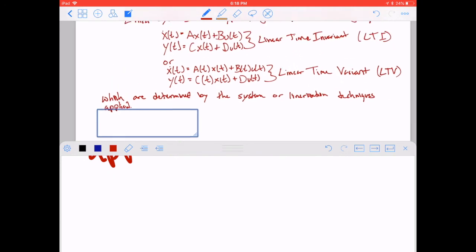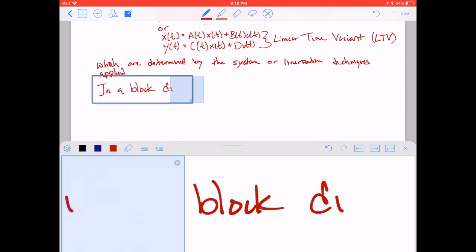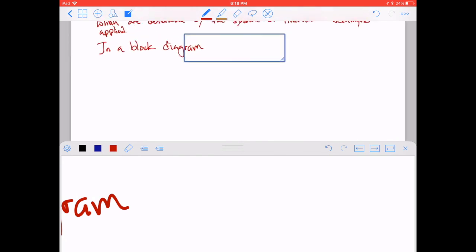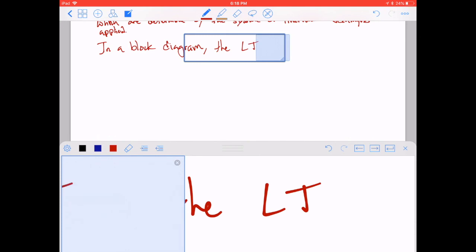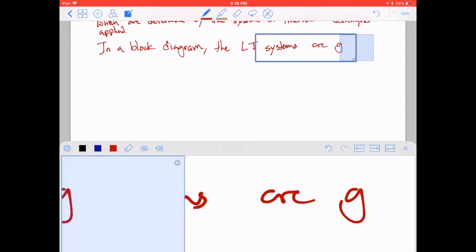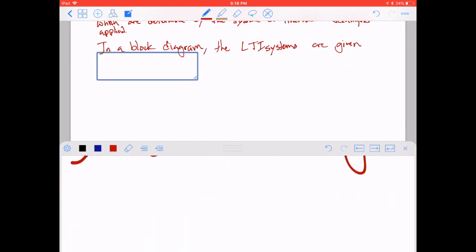So these systems are given in a block diagram. Actually, let's just do an LTI system.